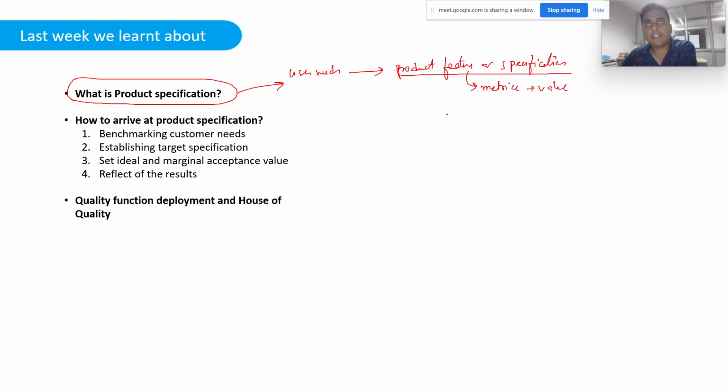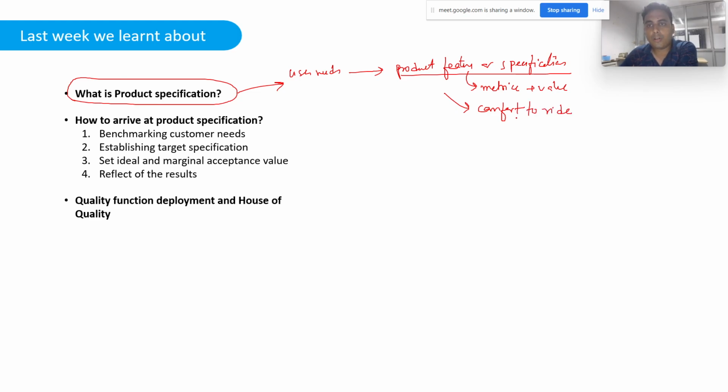For example, in the last class we talked about identifying customer requirements for the design of a classic bike. One of the needs that we identified was comfort to ride.